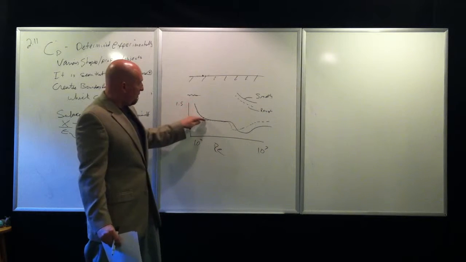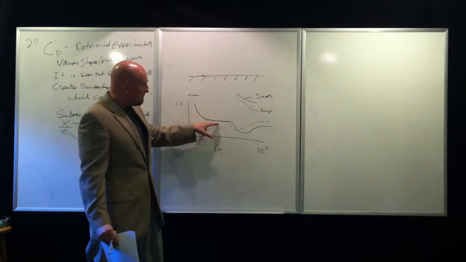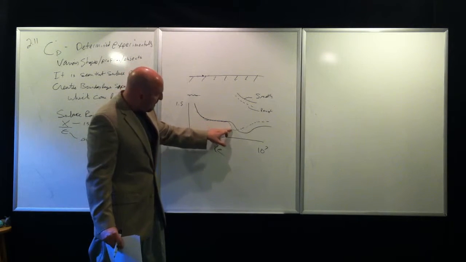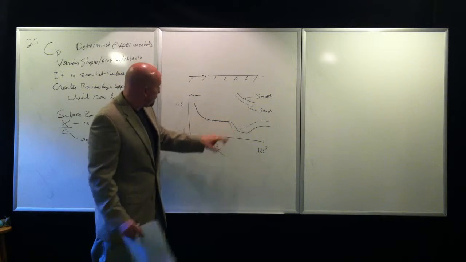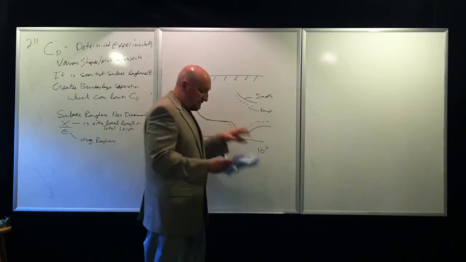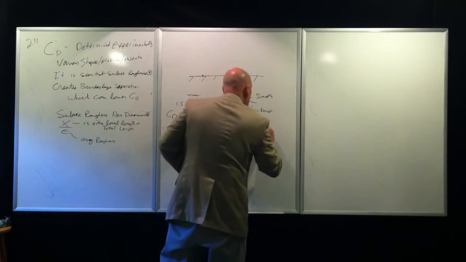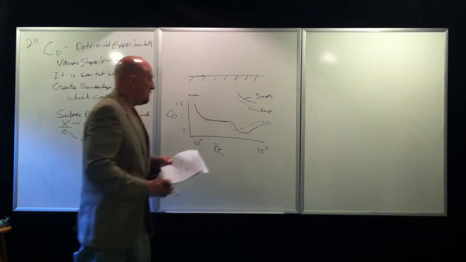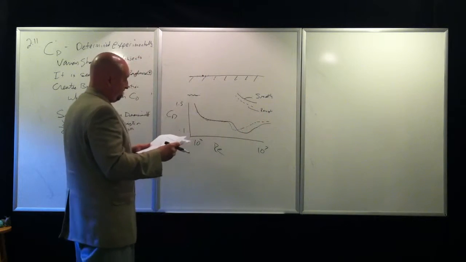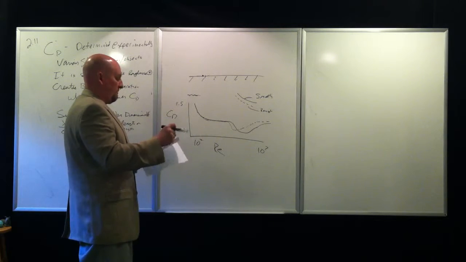In the beginning part, in the low flow regime, laminar regime, the rough surface is pretty close. But then, before you get to turbulent, you get a different coefficient of drag. And then it actually increases. And then they begin to converge to each other. So again, surface roughness is going to affect the coefficient of drag.